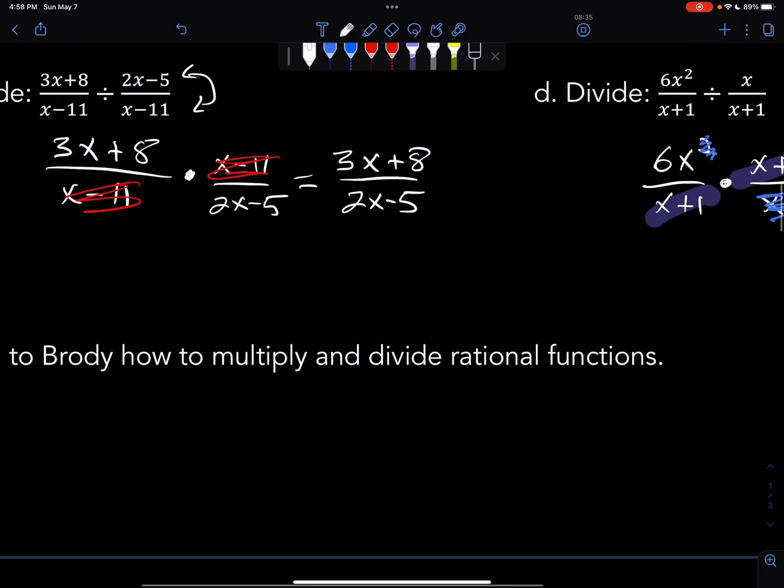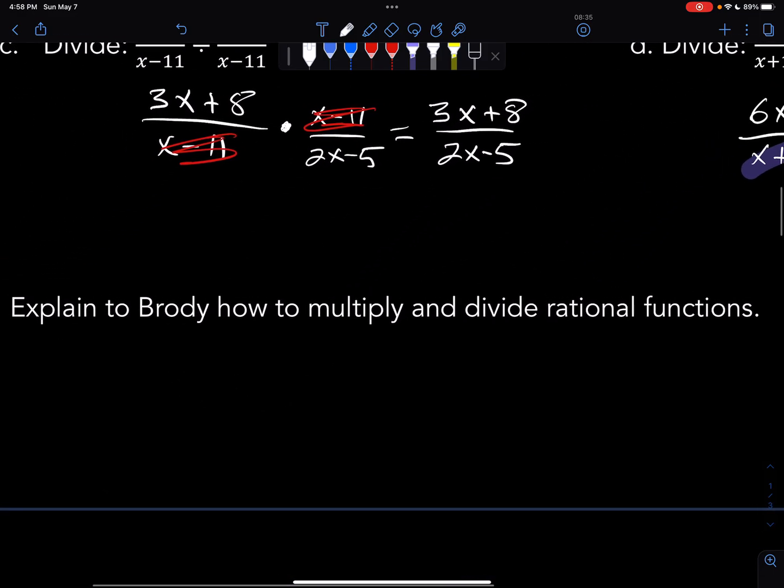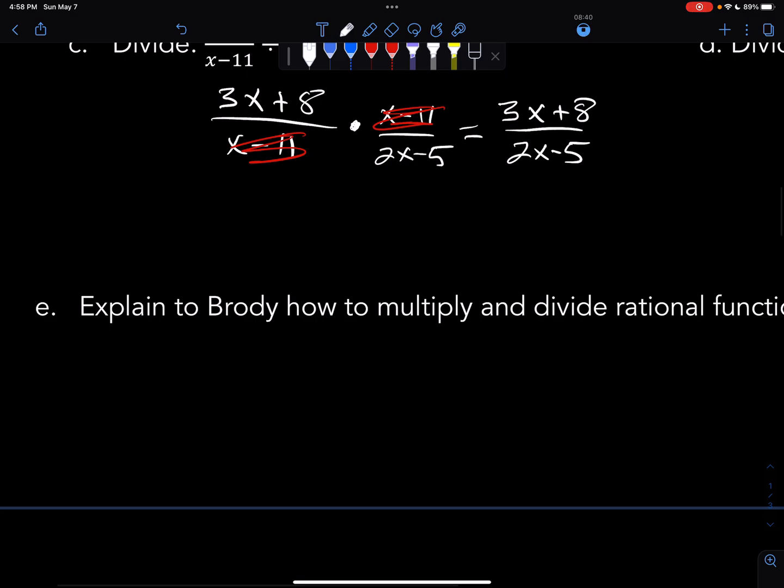All right. So how do we multiply and divide rational expressions? To multiply, we multiply straight across, top and bottom.